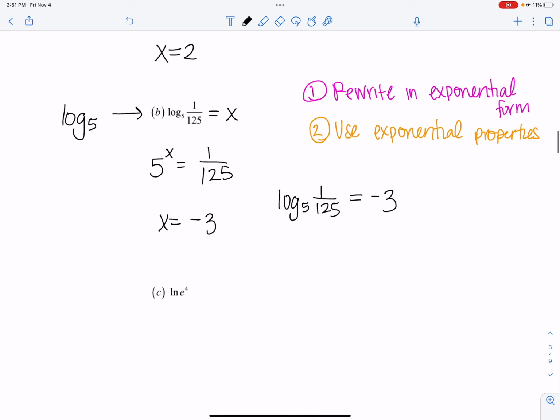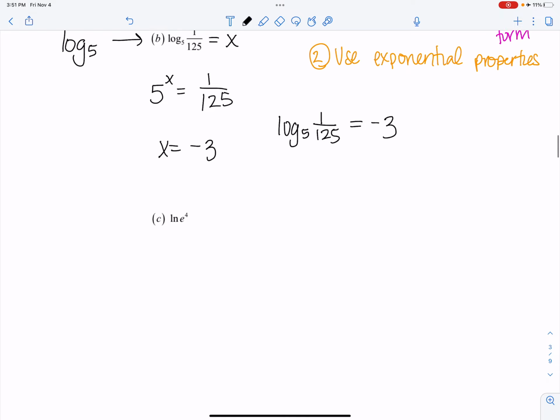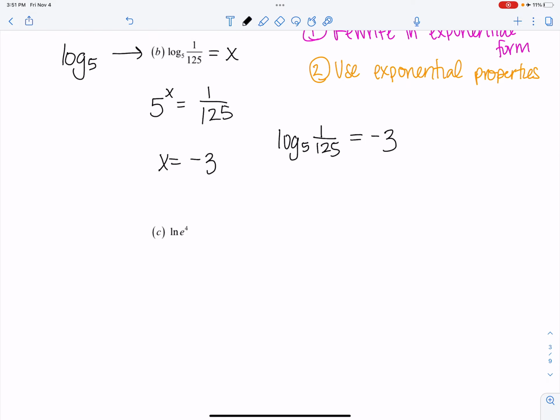And if we go even further up, we had log with a base of 7. Well, in general, if you just have a log of a number, log of x, and it doesn't tell you the base, we just assume that it's in base 10.